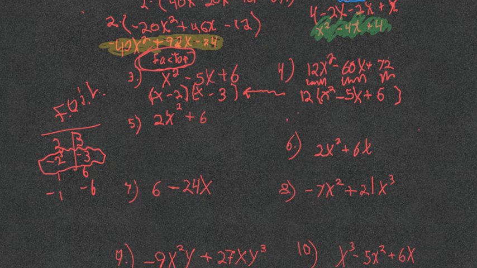I can continue. I have the 12, and I'm going to make the 2 parentheses, like unFOILing this thing. I'm just going to copy, look at problem 3 again: x minus 2 and x plus 3. And that's completely factored. We can't factor it anymore.